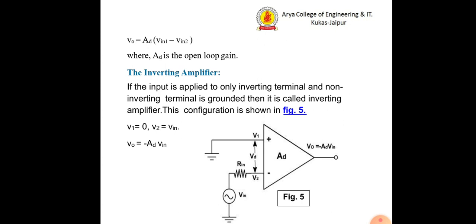So, according to the equation given on the top of the slide, the output voltage becomes minus AD Vin. So, a minus sign occurs. That means whatever input was applied has been inverted and there is a phase difference of 180 degrees from the output to the input. The output and input differ in 180 degree phase.